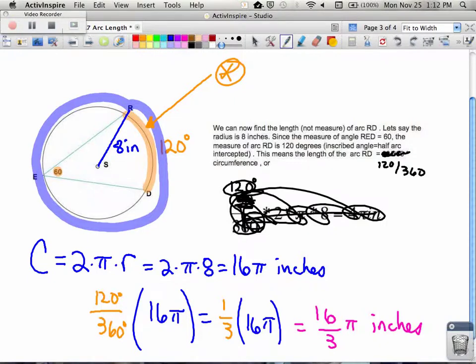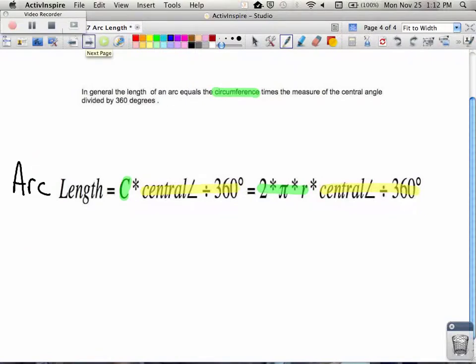So if I were to extend another radius, cutting off the orange arc, I would see that total of 120 degrees inside of the central angle. One last time, big idea, arc length is the circumference times the central angle divided by 360 degrees.